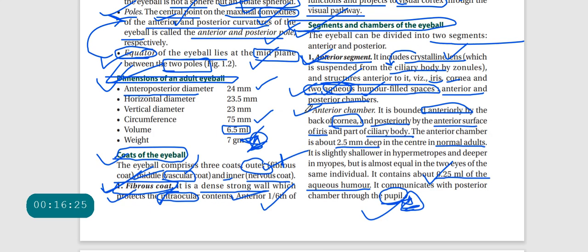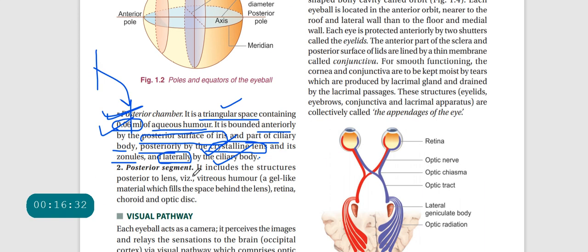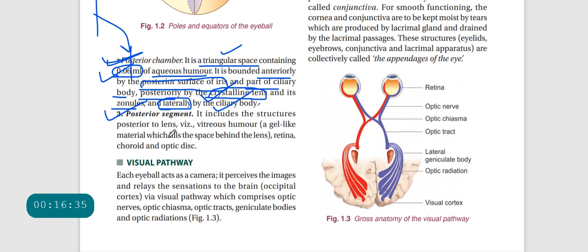The posterior segment includes the lens and the vitreous humor, which is a gel-like material that fills the space behind the lens. The posterior segment consists of the retina, choroid, and the optic disc. Very simple.